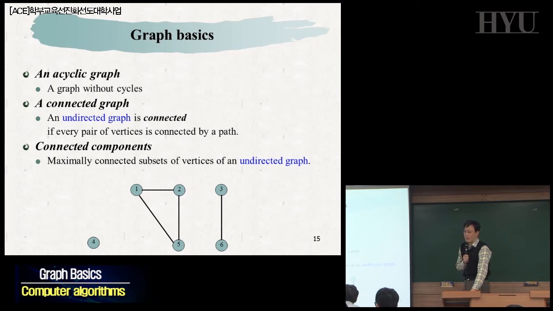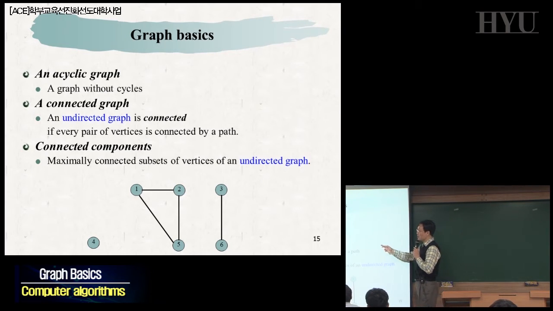An undirected graph is connected if every pair of vertices is connected by a path. So when you are asked to show that a graph is connected, you have to show that there is a path between every pair of vertices. And then finally, connected components. They are maximally connected subsets of vertices of an undirected graph.